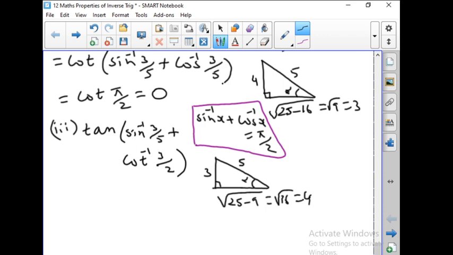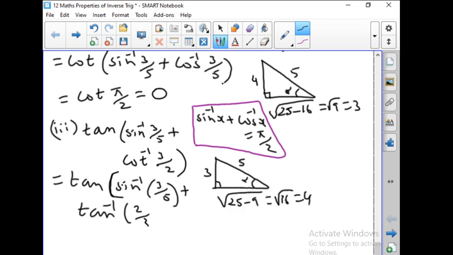So cot inverse of 3 by 2 can be taken as follows. By the third result, cot inverse of x is nothing but tan inverse of 1 by x. So this can be written as tan inverse of 2 by 3.